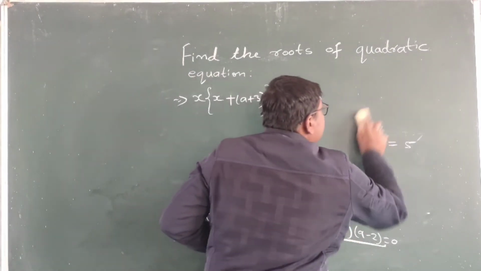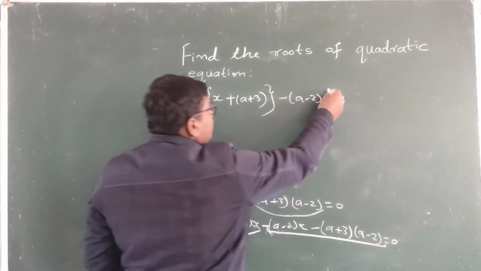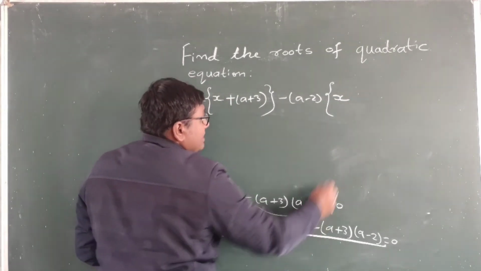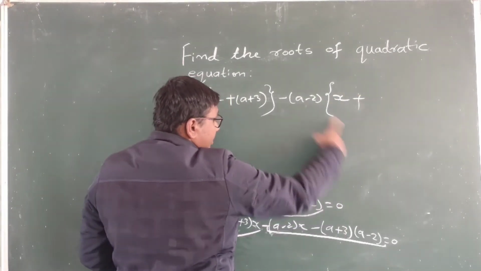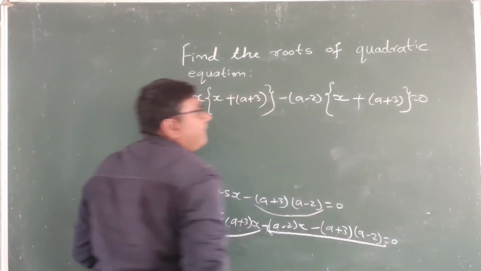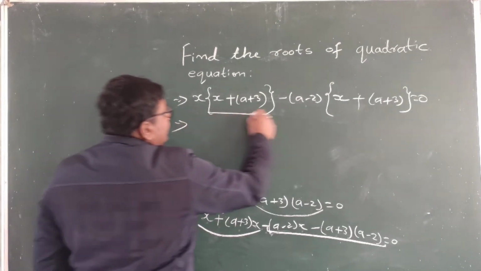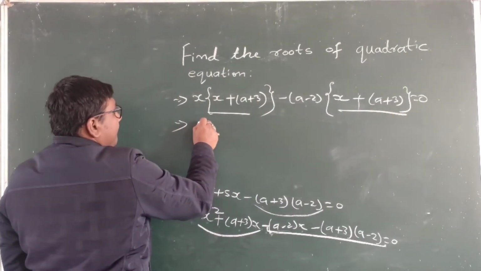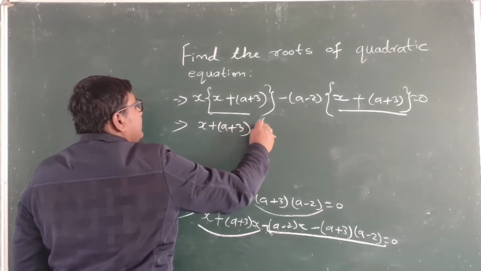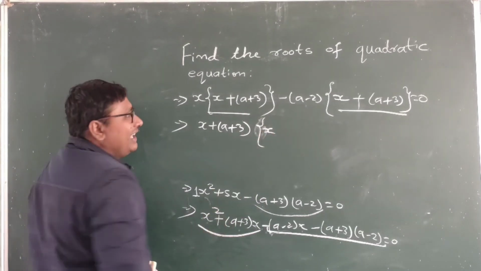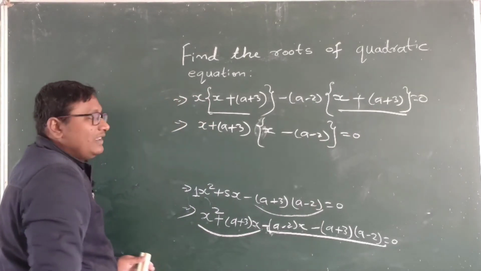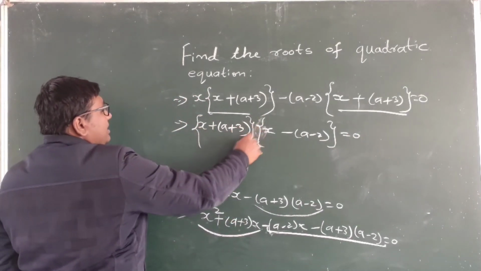Now what remains here? X will be here, and because of this minus, this will be plus a minus 2. Now again these terms are the same, so they should be taken as common. Then what is left? Here it is x, and here minus 2 is equal to 0. So we can put the bracket sign up to here also.